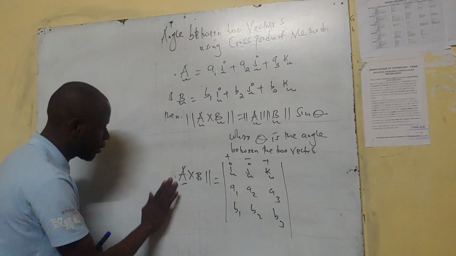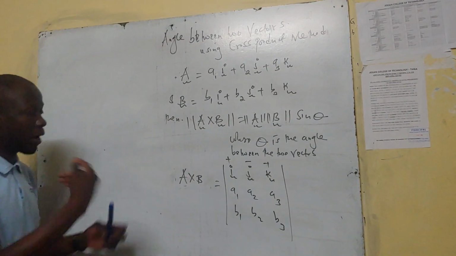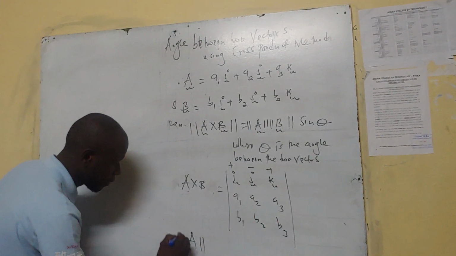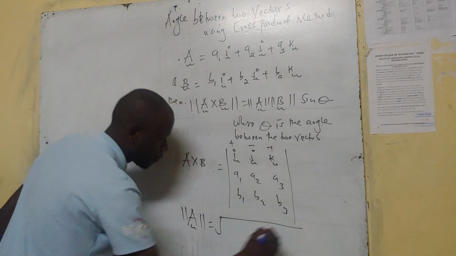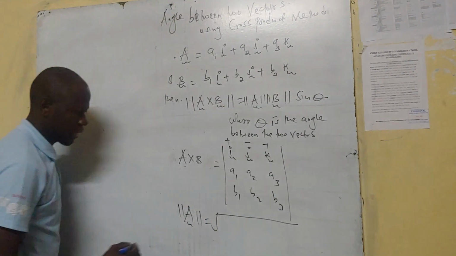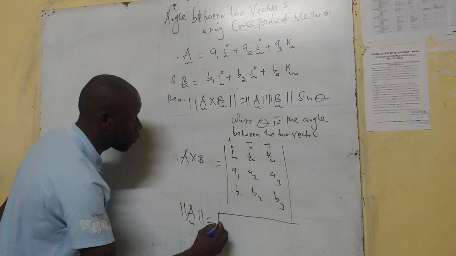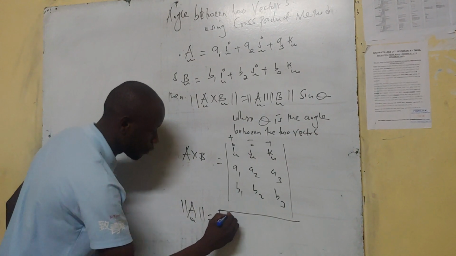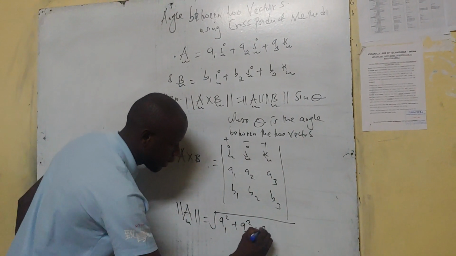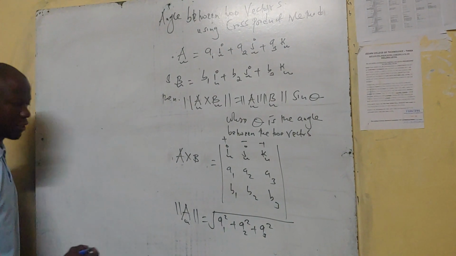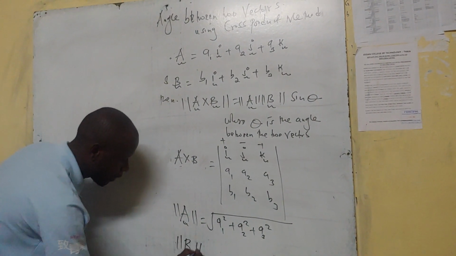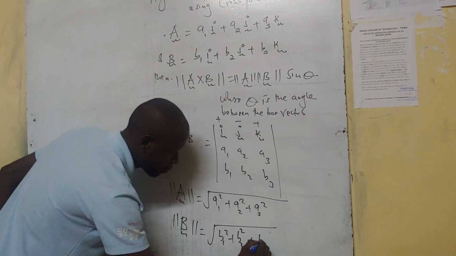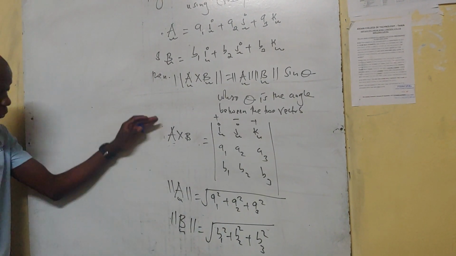Once we get the cross product between the two vectors, we are going to get its magnitude. We can also get the magnitude of a vector. The magnitude of vector A is given by the square root of the elements of A: A1 squared, plus A2 squared, plus A3 squared, and then you take the square root. Similarly, the magnitude of B is given by the square root of B1 squared plus B2 squared plus B3 squared.